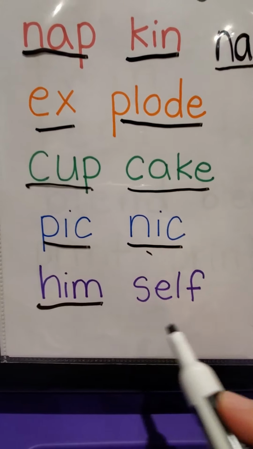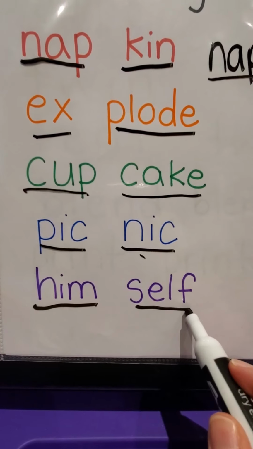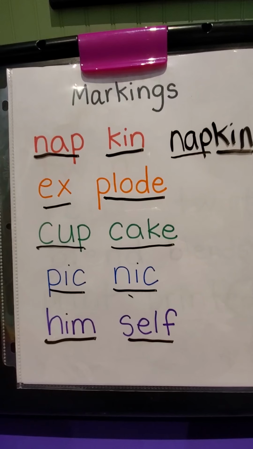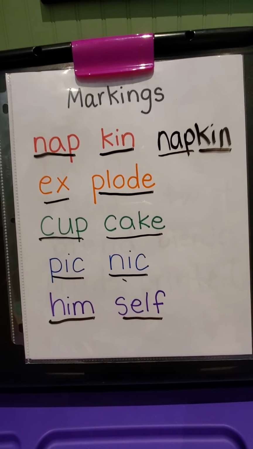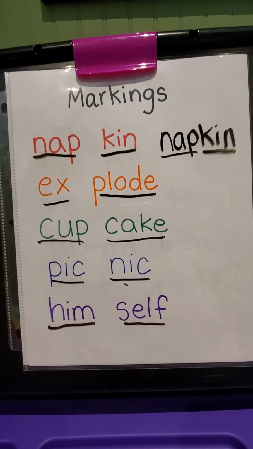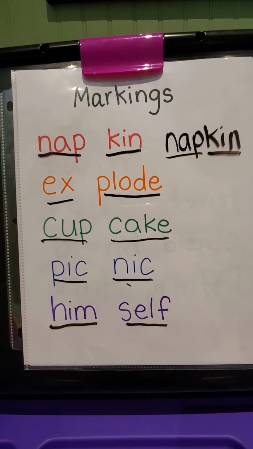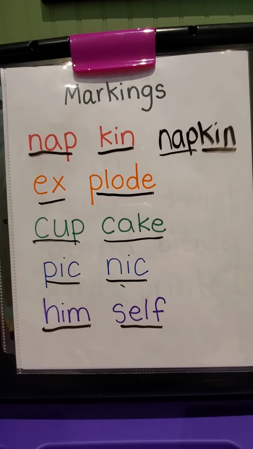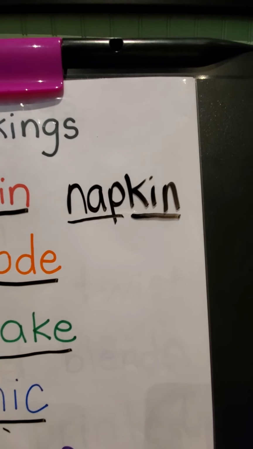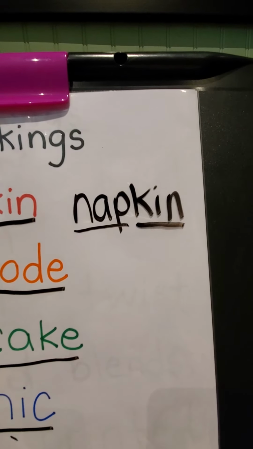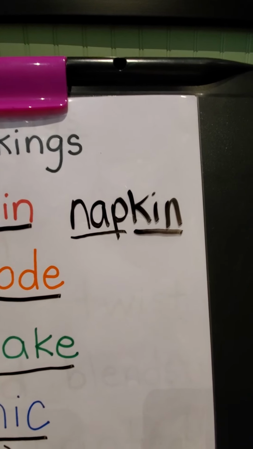Then him, self, himself. So again, when you're writing the word in Fundations or on a Fundations test, you want to separate the two syllables and underline each syllable separately. If you forget and you write it all together like I did a napkin, that's okay. Just make sure you have the two lines under the separate syllables.